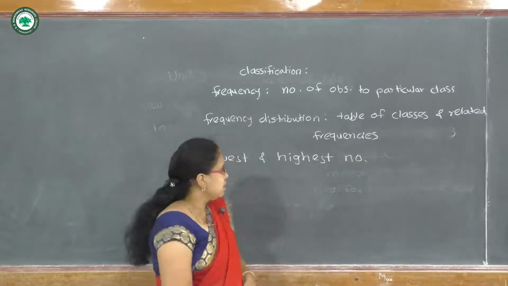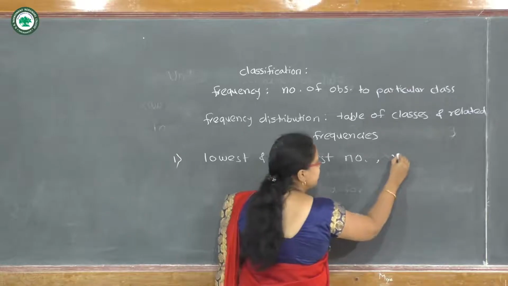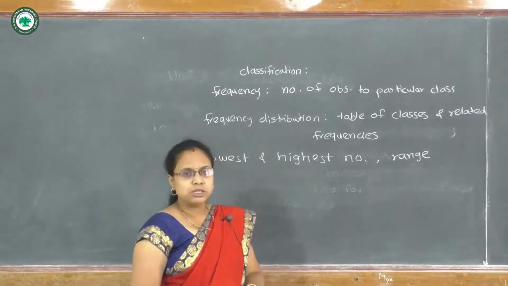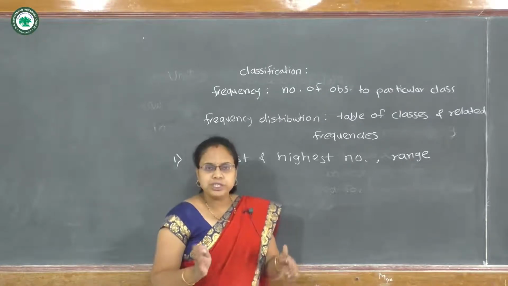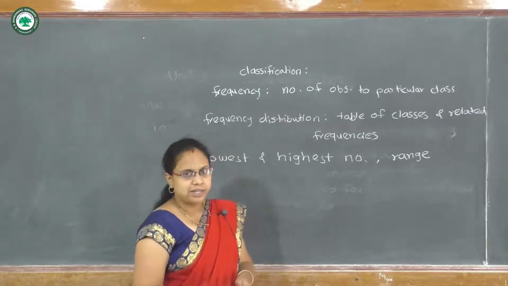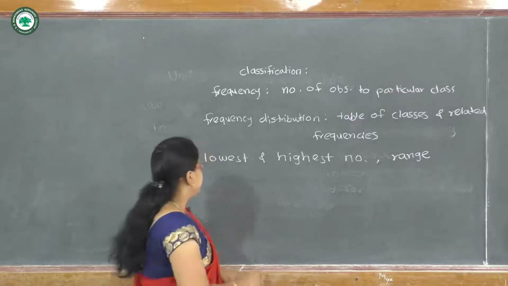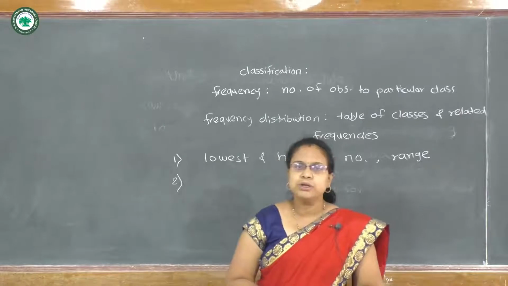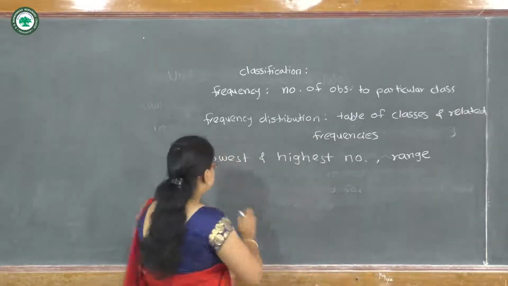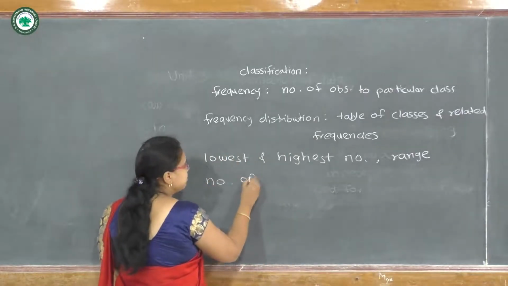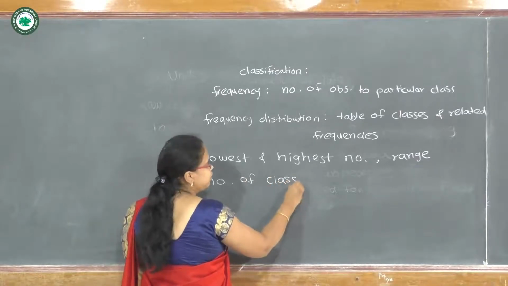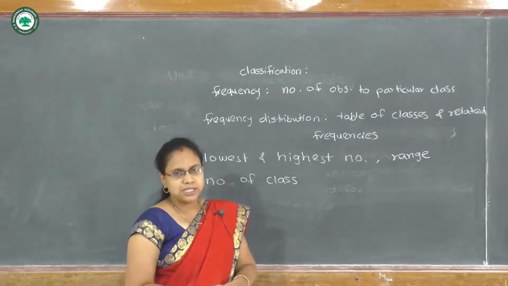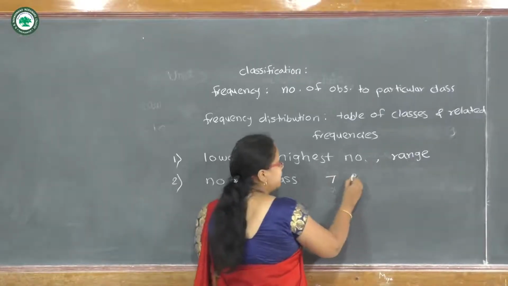Then we calculate the range. Range means the highest number minus the lowest number. In the second step we have to decide how many classes we want. The number of classes should be decided in the second step. Preferably the number of classes is between 7 and 20.